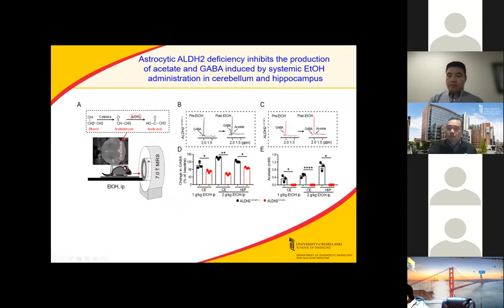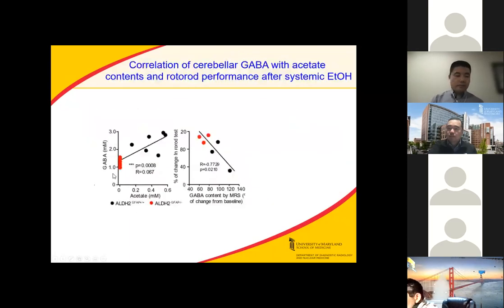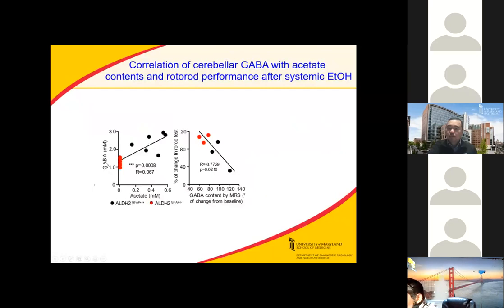And the acetate, in the ALDH knockout model, we blocked the acetate level in the cerebellum and the hippocampus. So there's a close correlation between GABA and acetate. That means alcohol-metabolized acetate may contribute to GABA synthesis, and GABA is also correlated with this motor change and behavior change as well.